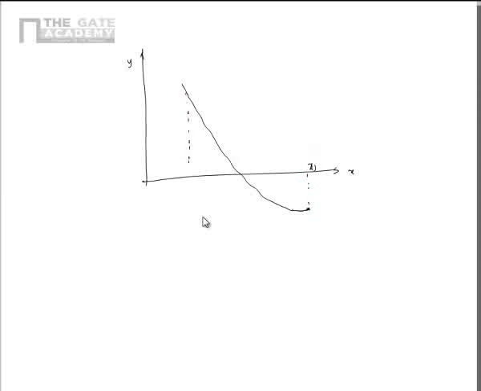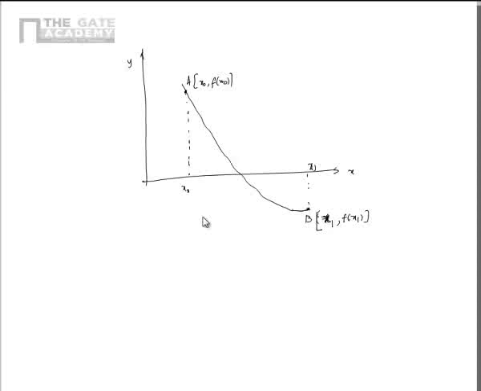Say this is x and this is y, and you have one point here, say somewhere here you have a point A which is x0, that is x0, f of x0, and this is B, x1, f of x1.